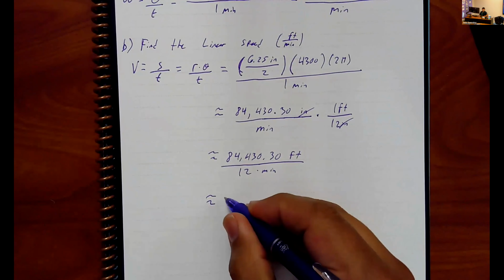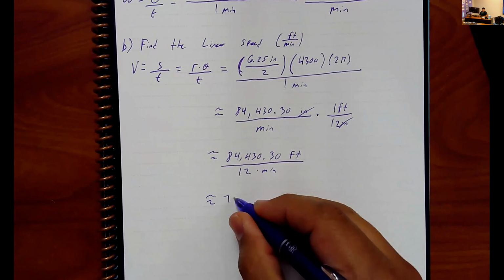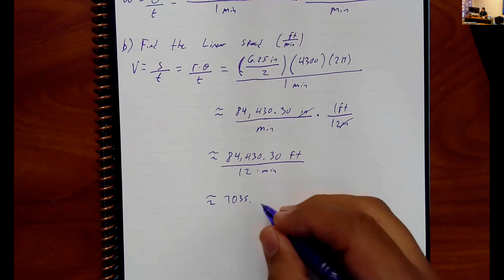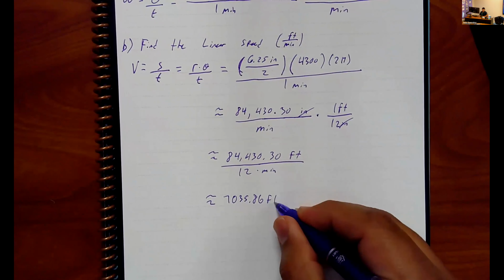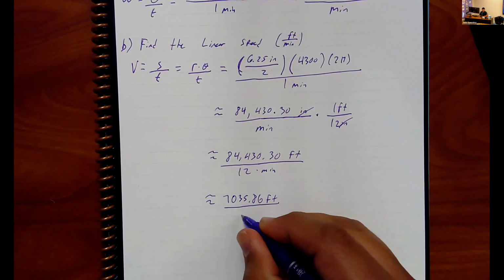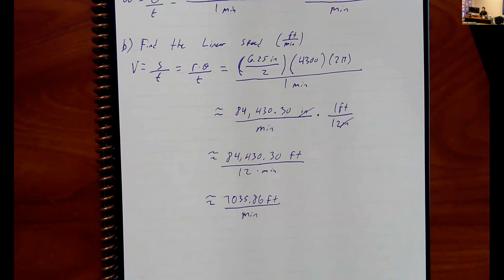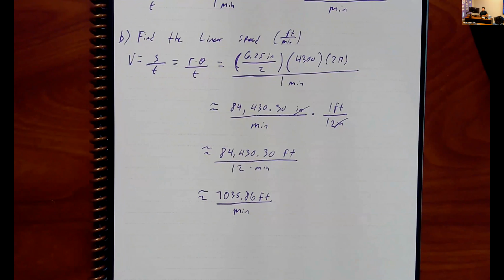So at this point, you get 35.86 feet per minute. So we had to do extra work because they wanted it in feet per minute, not inches per minute. Which I guess is fine. Whatever. Any questions on A or B?